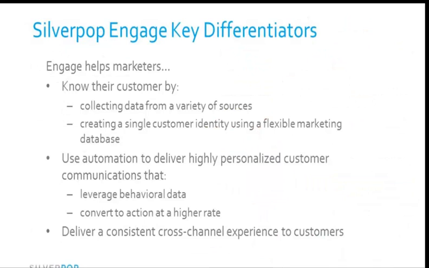Just to reiterate, if we haven't made the point strongly enough through this demonstration, some of our key differentiators. Our platform helps our customers get closer to their customers' needs and wants by giving marketers the ability to collect and gain insight on their customers from a variety of sources.